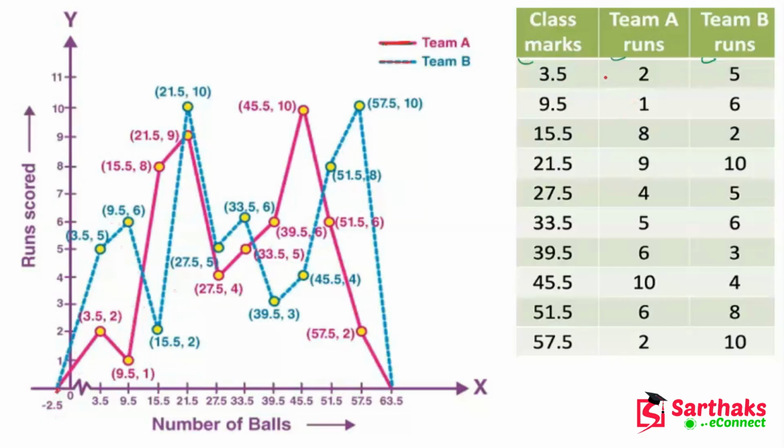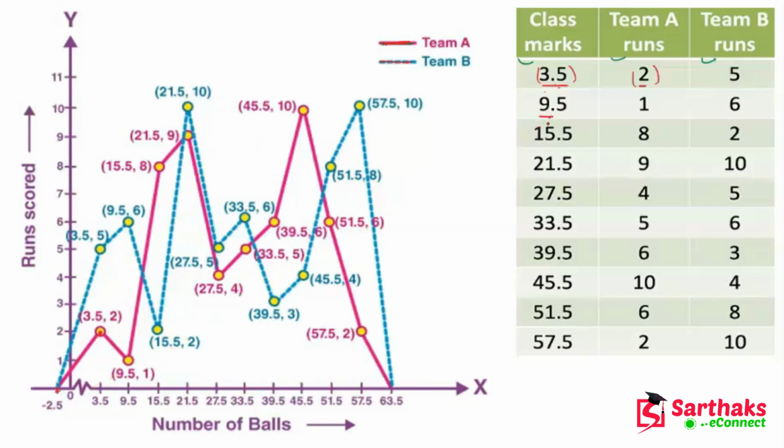Then we plot 3.5 comma 2, where 3.5 is on the x-axis and 2 is on the y-axis, the frequency.